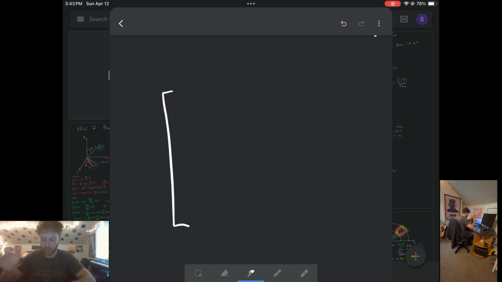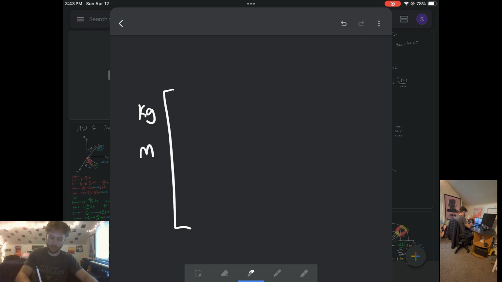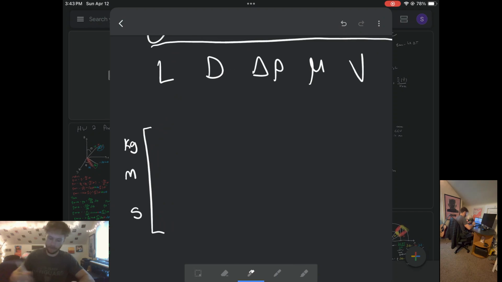Now these can be broken down into our length, time, and mass. For our mass, we'll say kilograms. For our distance or length, we'll say meters. And for time, we'll say seconds. So, we'll put our physical processes up at the top here.